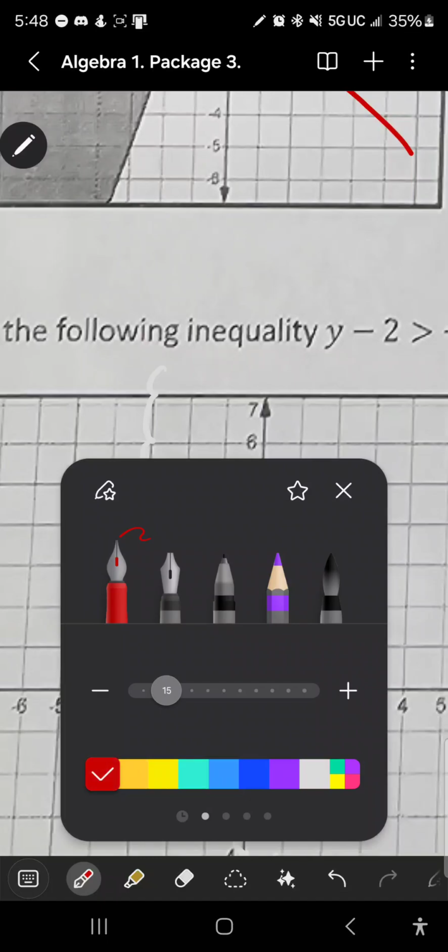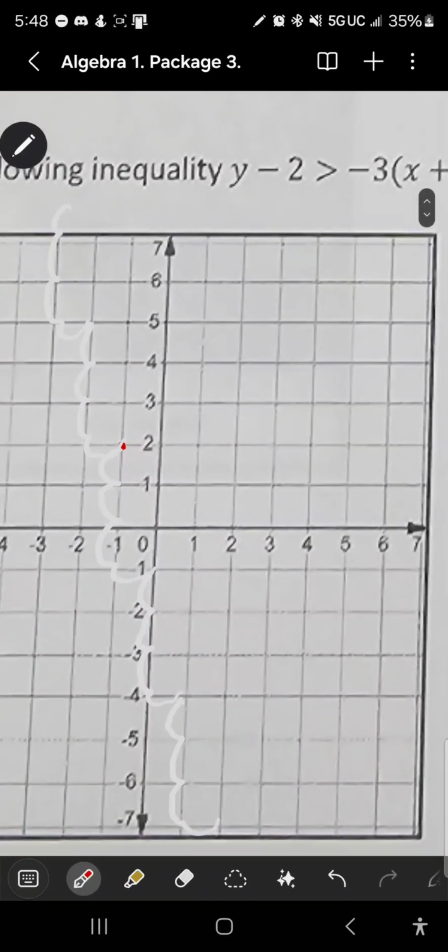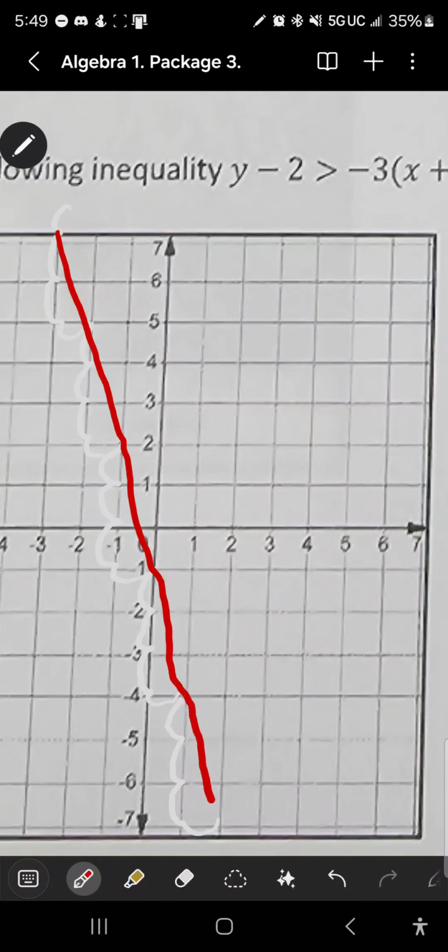So that's basically our equation. We join the points, and that's the line we're looking for.